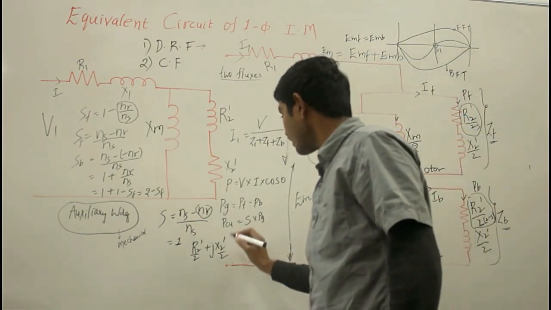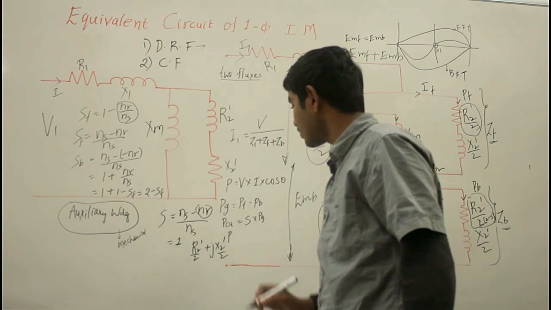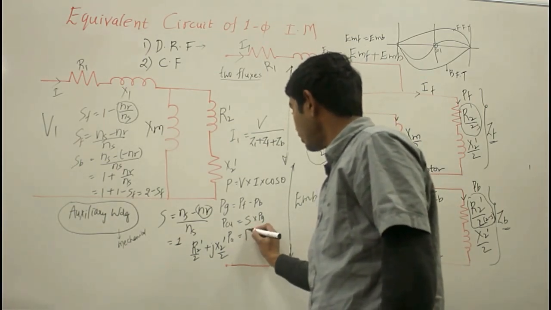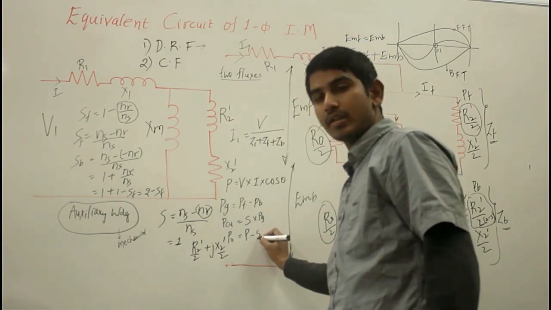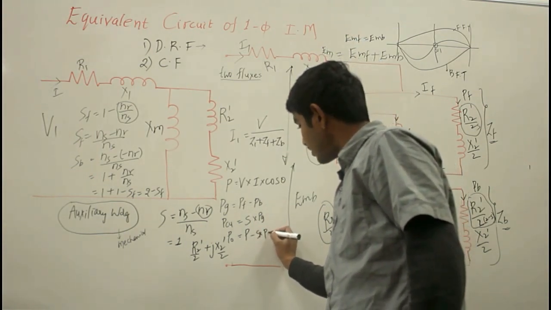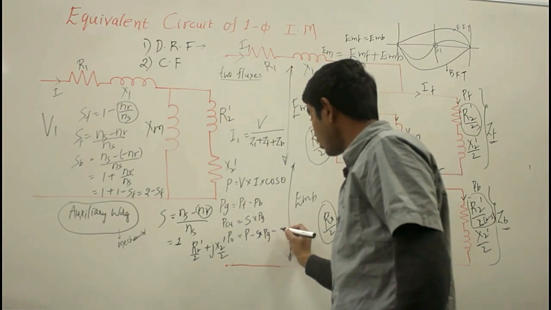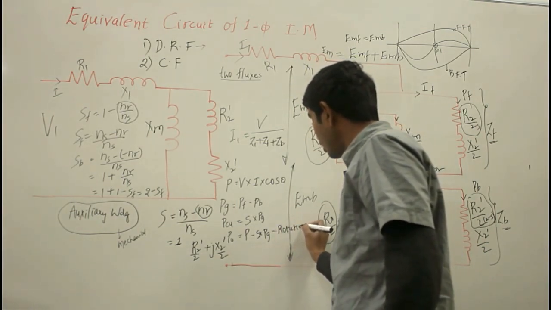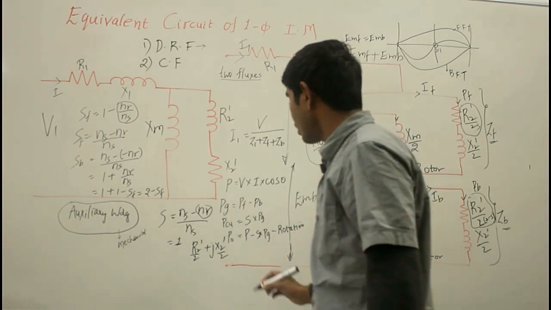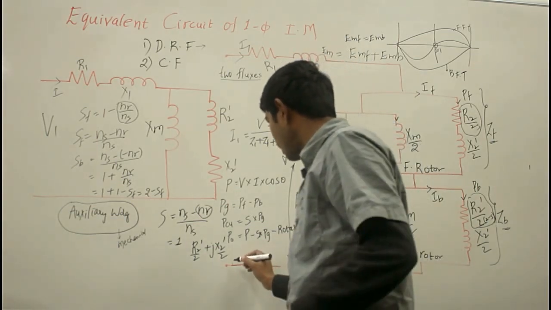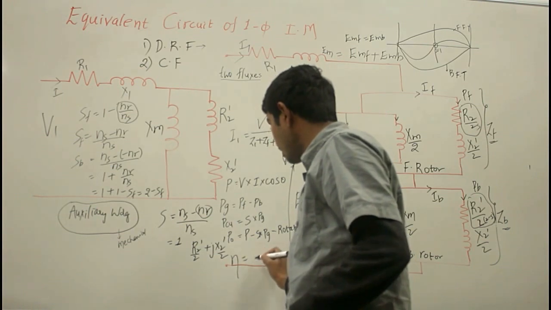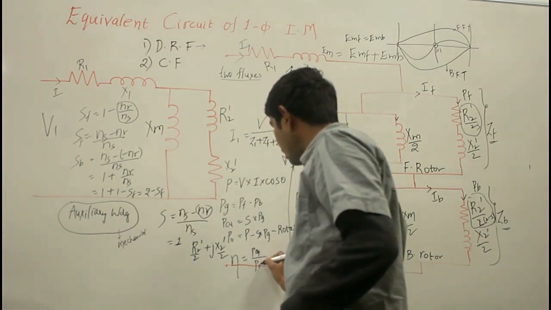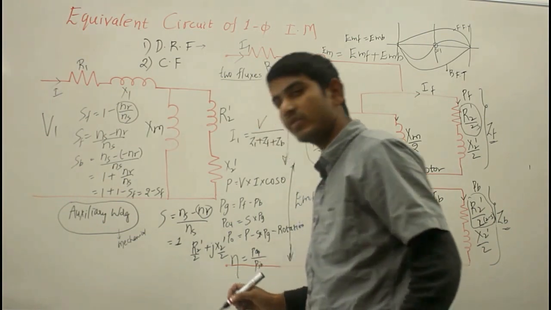If you want to calculate the output shaft power, then the output power is given by the input power to the rotor minus S into PG, minus the rotational losses incurred in the rotor part. So this is your output shaft power. Now to calculate the efficiency, eta is given by the shaft output power to the input power applied. So this gives your efficiency.